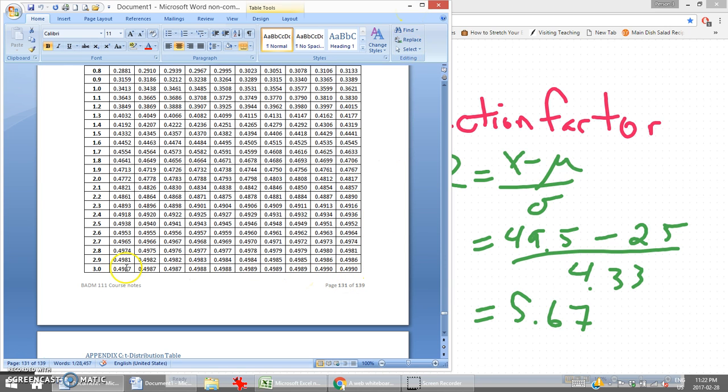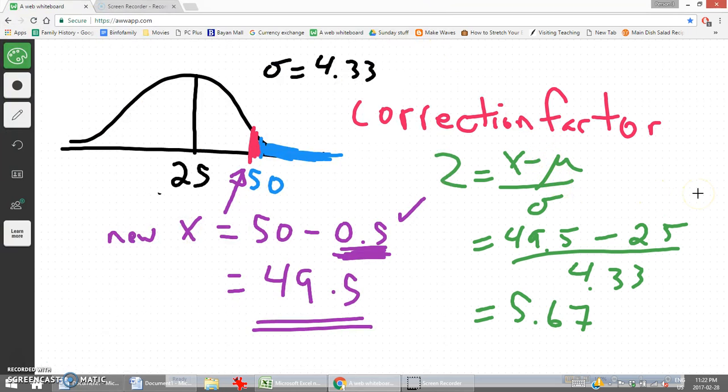You can tell that in the last few rows, these areas are always 0.49 and more. So basically for any value greater than that, we're just going to play it safe and use an area of 0.5. So we know that the area is 0.5. Remember that this area here corresponds to this in here, 0.5.